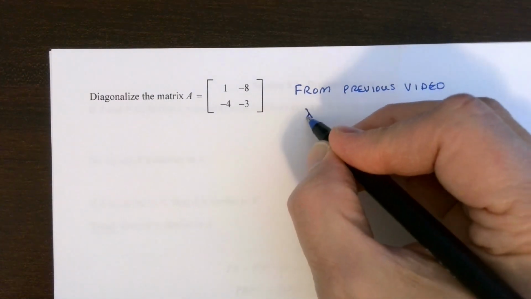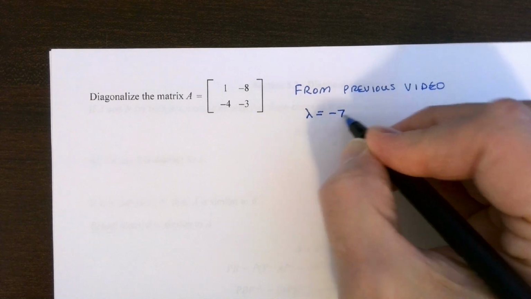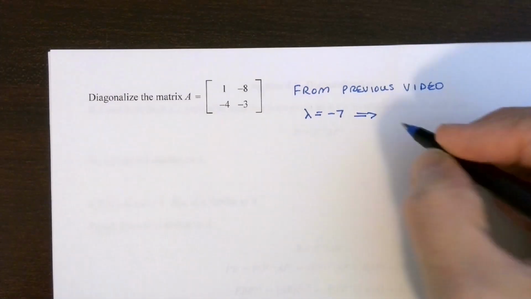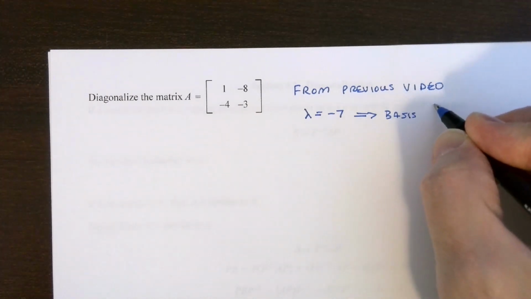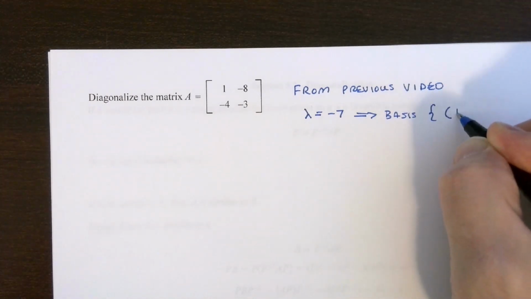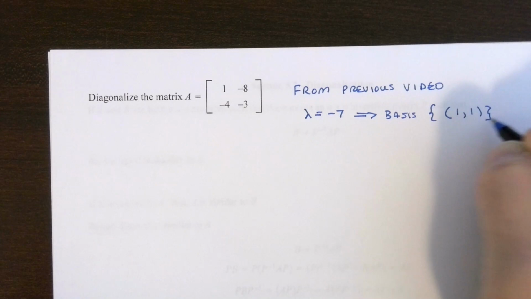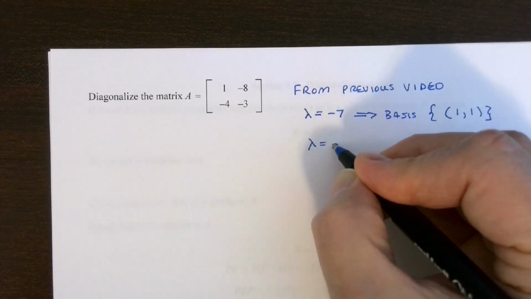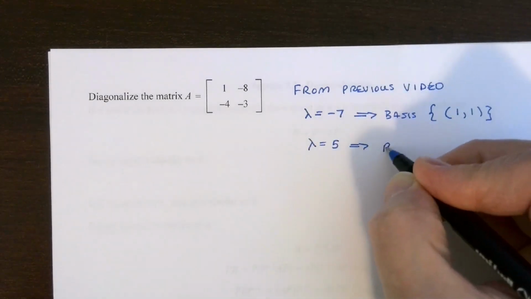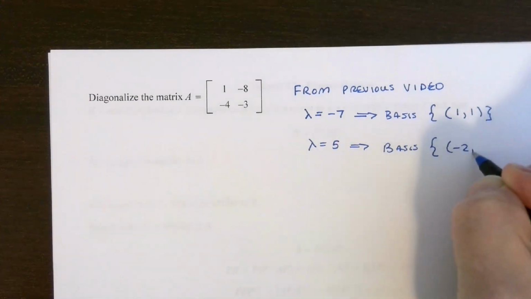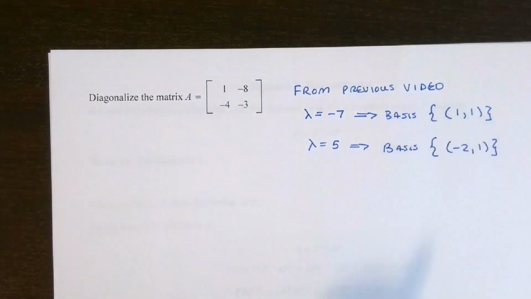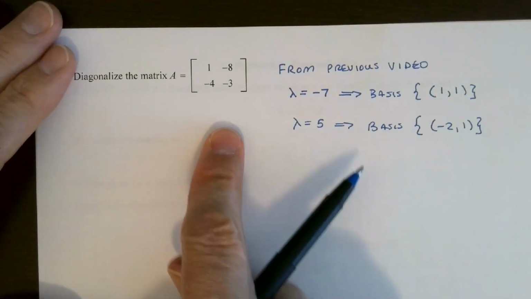We said for lambda equals -7, a basis was the one vector (1, 1). And for lambda equal 5, the basis was (-2, 1).